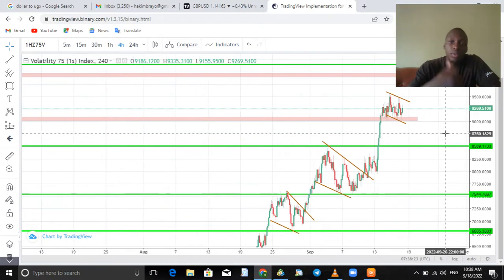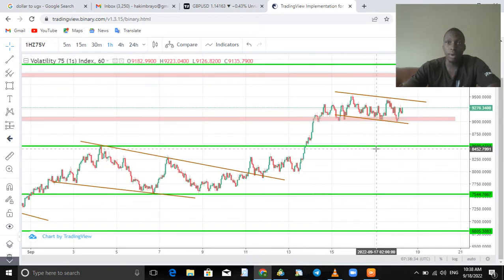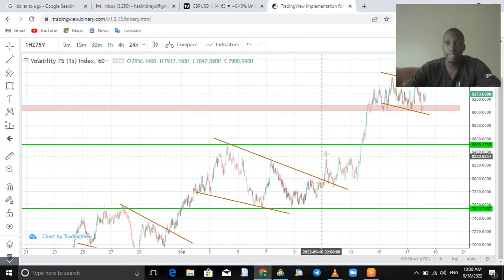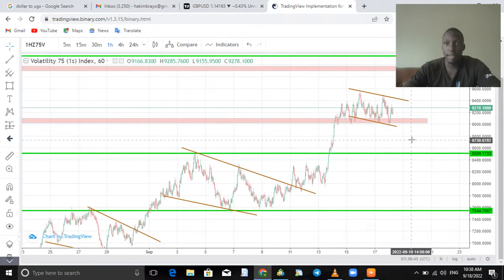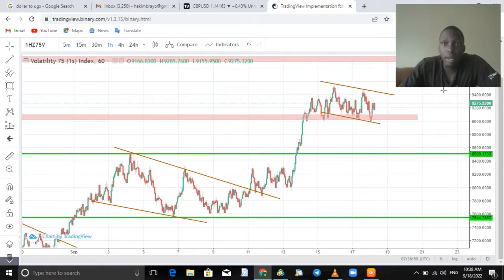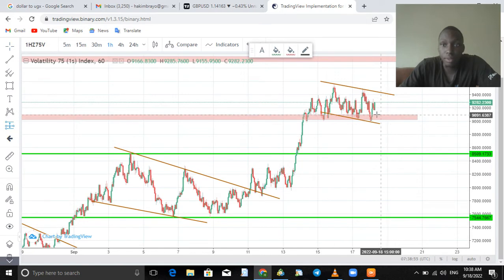Why are we focusing on getting patterns or continuation patterns? Because we are in an uptrend. If I try scrolling down to the lower time frame, which is our 1 hour, we are trying to get these perfect entries which are going to help us see where the market is basically good for us to get an entry. Now when you go in the 1 hour time frame, remember we spotted our continuation pattern.